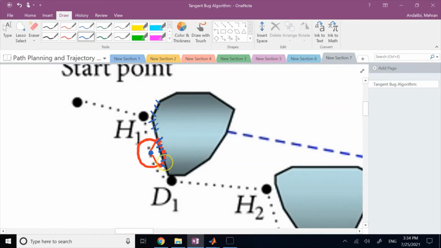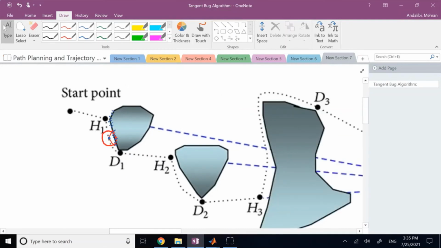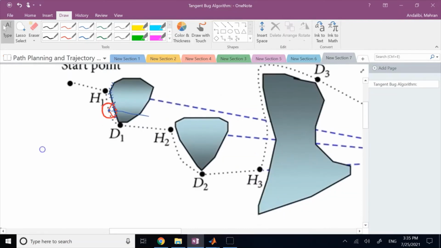So you keep going. If any of these gives you a number smaller than D min, it means one of these points is now better than any point that you had in the past, and that point can be closer to the goal and give you a free way to the goal. So here, this D min probably is calculated using direct distance from the robot to the goal.